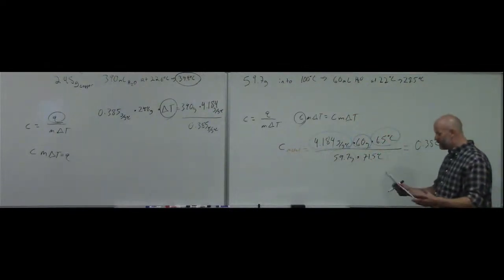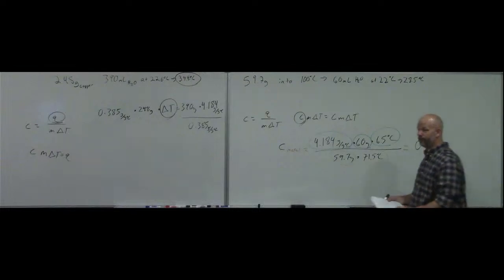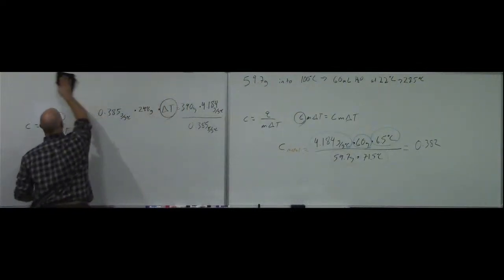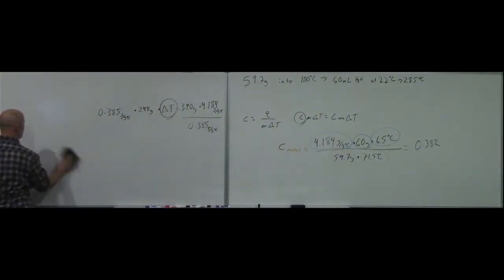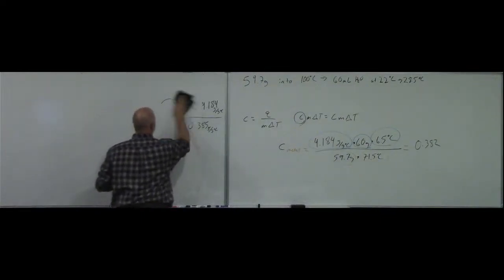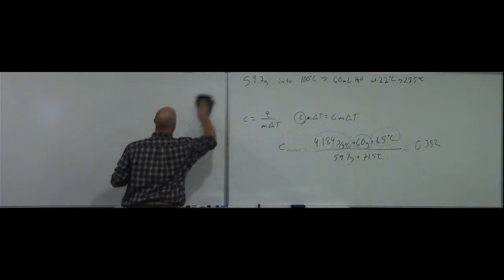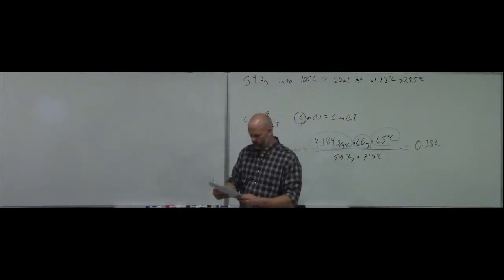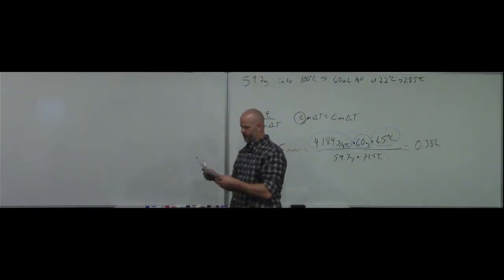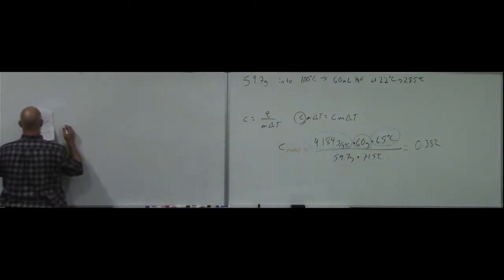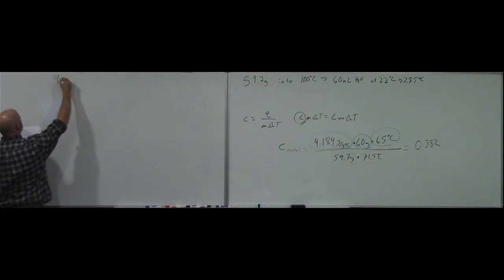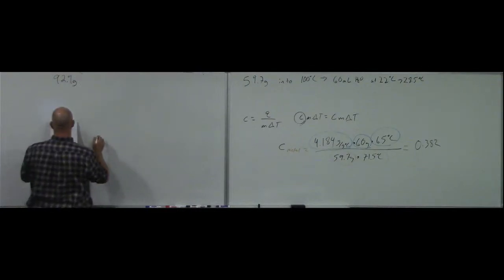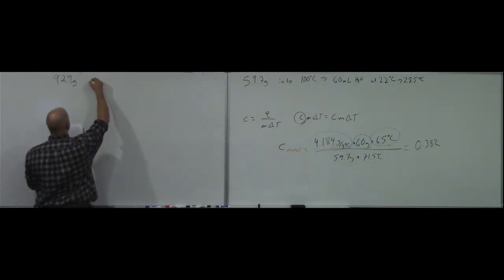All right, so this is good. That's great. Y'all ready for the follow-up problem? Check our learning? Okay. All right. A 92.9 gram piece of silver gray metal is heated to 178.0 degrees centigrade.